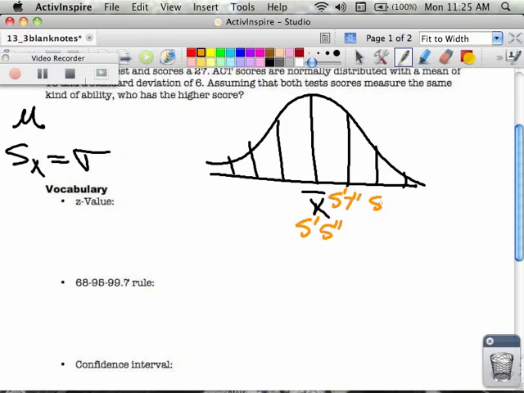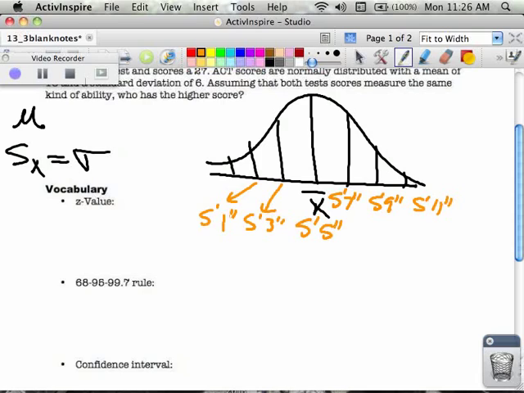And then the next one would be 5 foot 9 inches. And then the next one would be 5 foot 11 inches. And if I went the other way, I could tell you that this spot over here would be 5 foot 3 inches. And then 5 foot 1 inch. And so on and so forth.